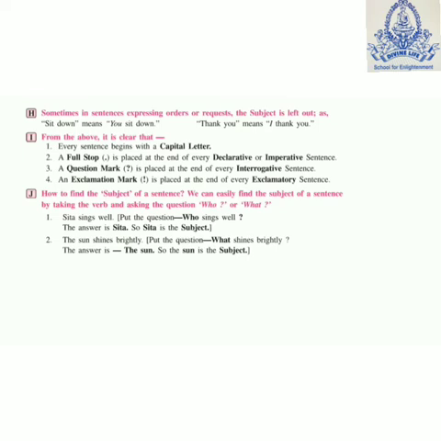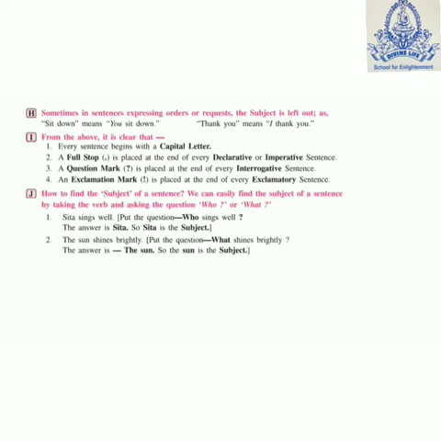From the examples that we have seen, it is clear that there are four things that we need to listen to very carefully and keep in mind. The first one, every sentence begins with a capital letter.